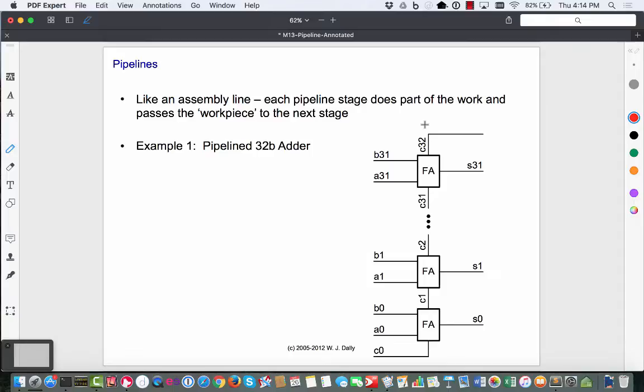So you can say that my hardware is active only 1/nth of the time, which is kind of a waste of an otherwise perfectly fine set of gates out there. Now in software, in the world of computers, we don't worry about that issue of wasted hardware so much, because there's always something else for the computer to do, right?